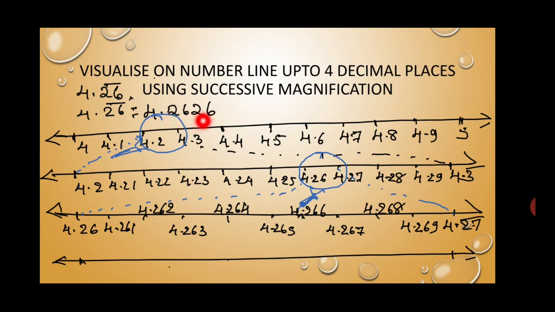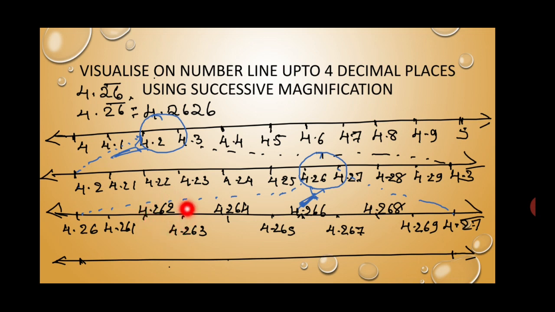This is 4.262 something. What is this? 4.262 something. So it is more than 4.262. Where is 4.262? Yes, this is here. So more than 4.262 and less than what? 4.263.